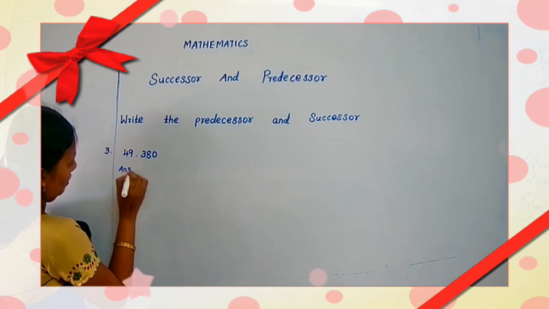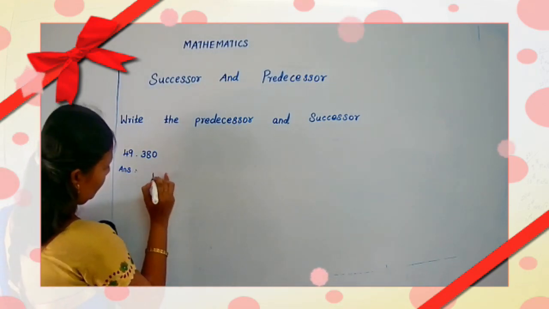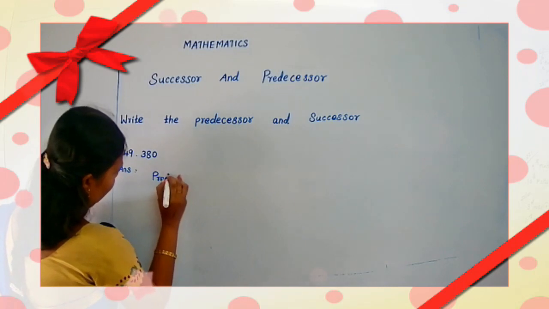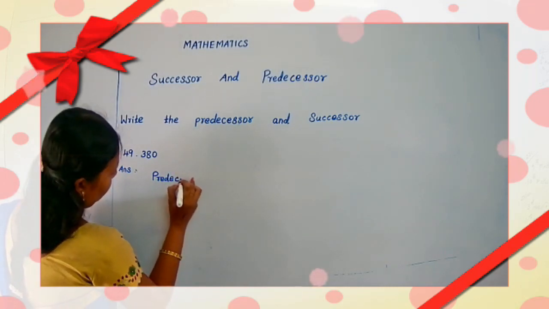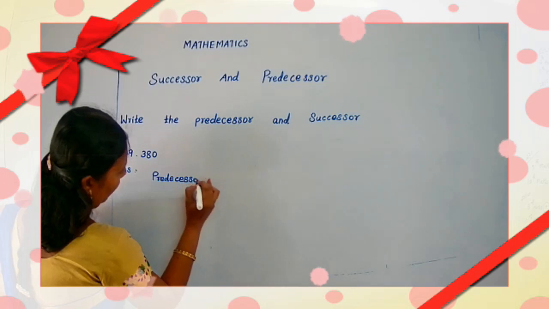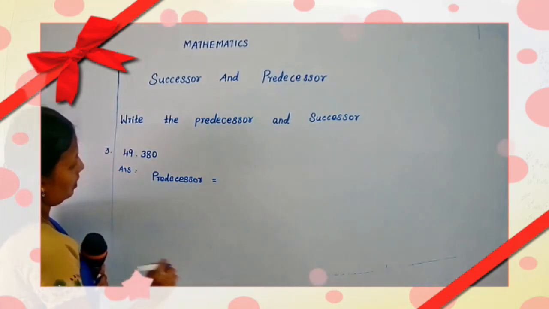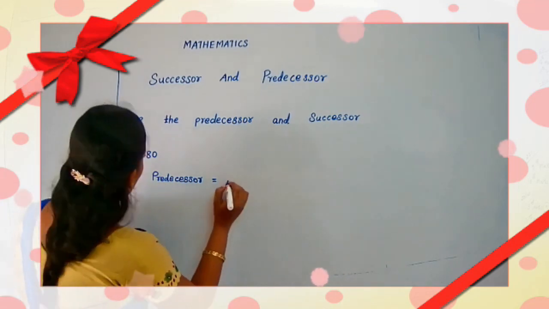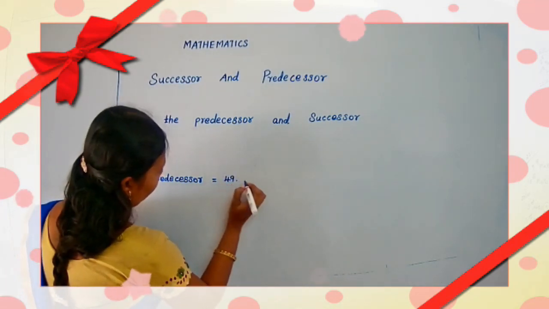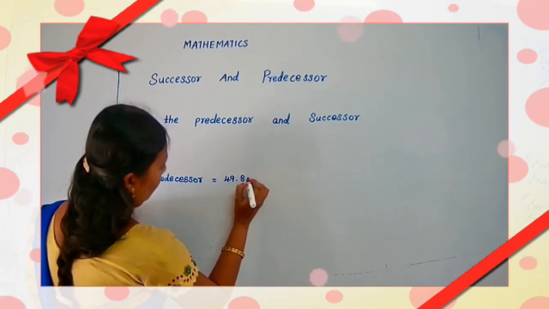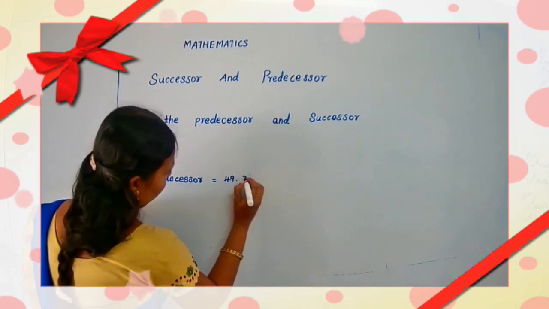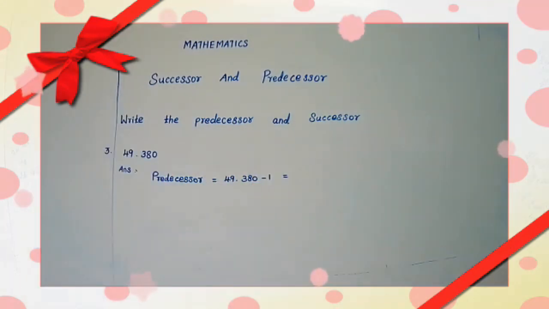49,380. Write the answer. Predecessor. Predecessor means subtract 1 from the given number. Okay. First you should write the given number, 49,380. Okay, children, all of you see the board. What is this number, ma? 49,380.